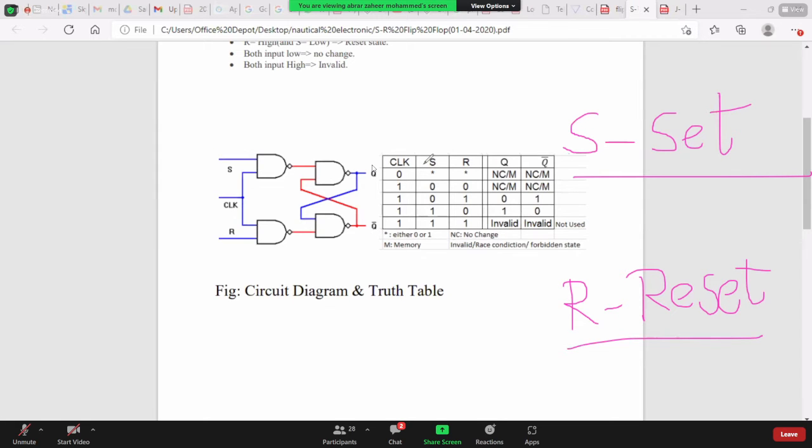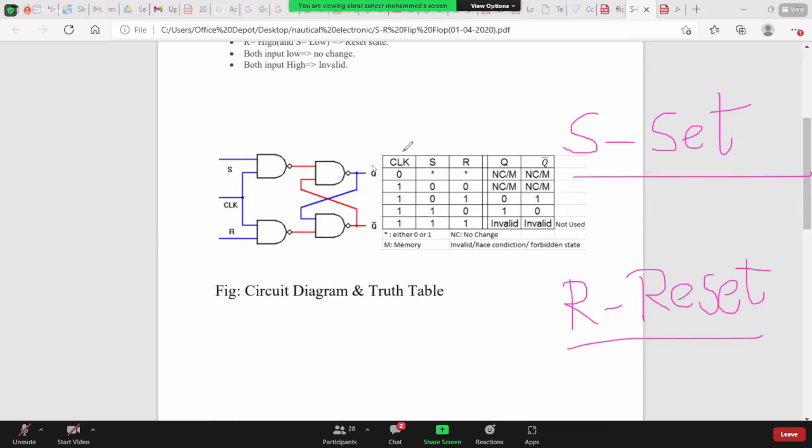So when the clock is 0 and S and R can be either 0 or 1, the output Q and Q bar are no change or same as the memory. When the clock is 1, S is 0 and R is 0, again the output is no change or same as the memory.